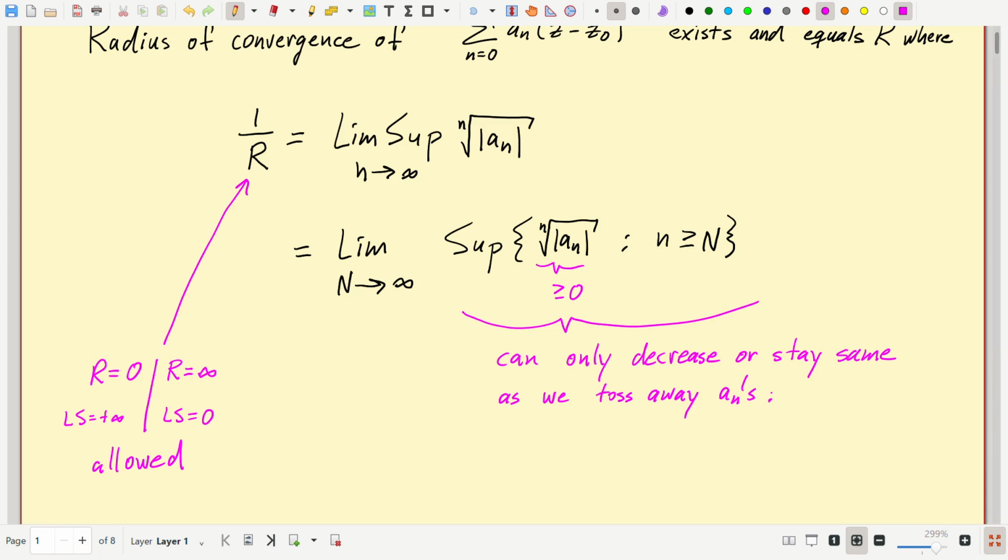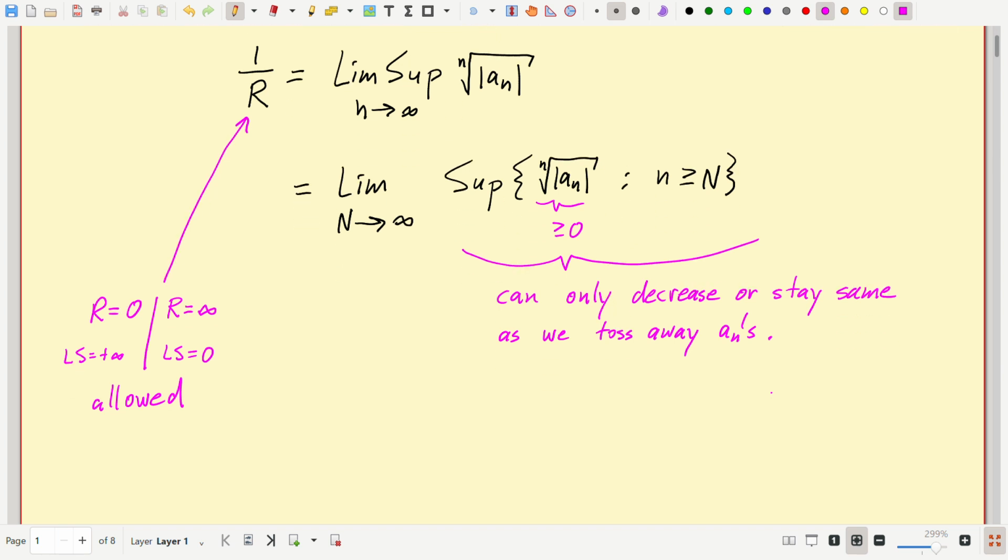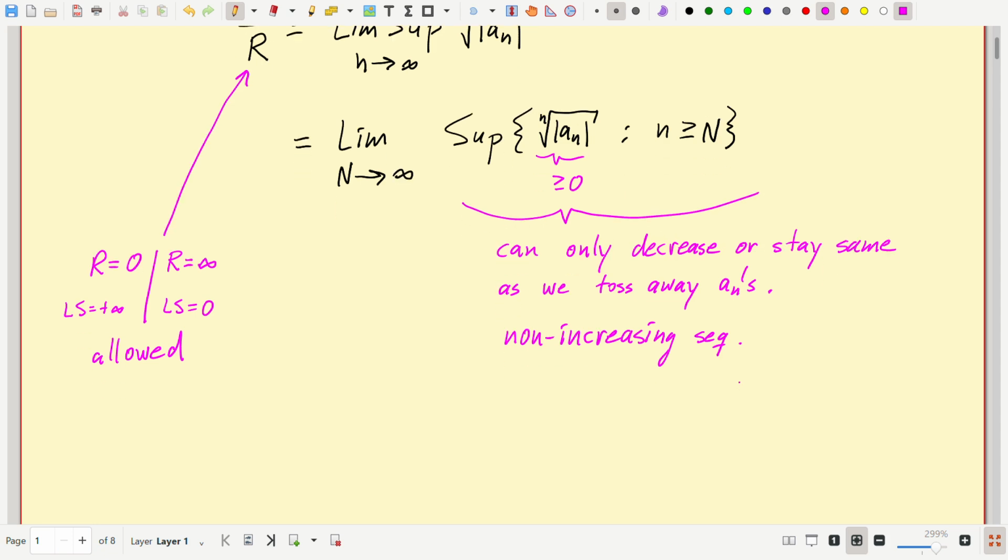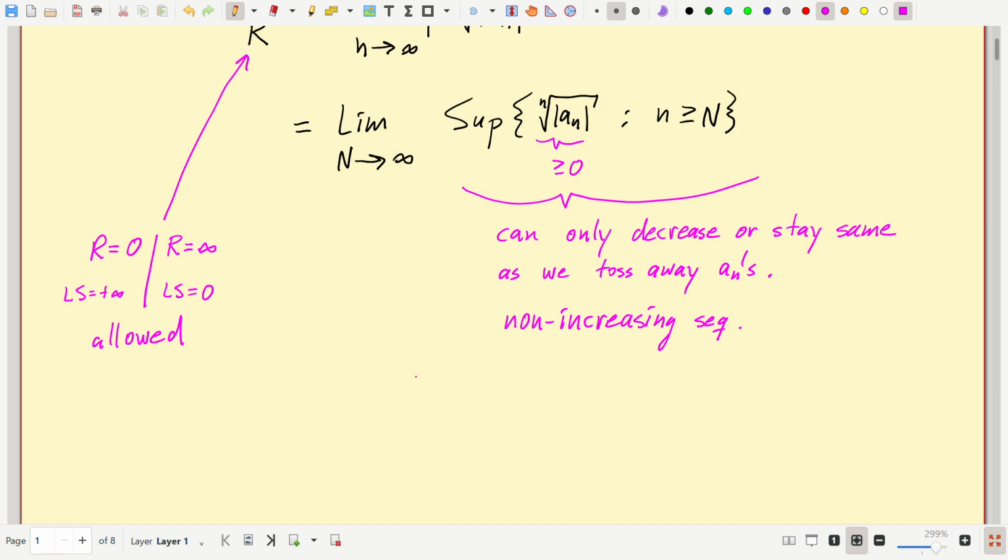Some books would call that a decreasing sequence, but the more accurate term is a non-increasing sequence. It can never increase. Remember that famous theorem you learned in Math 341: a non-increasing sequence that's bounded below has a limit.